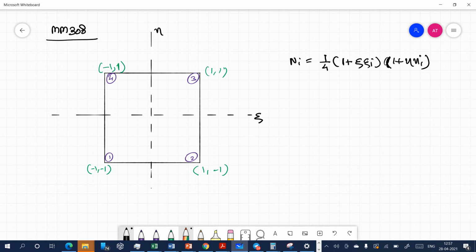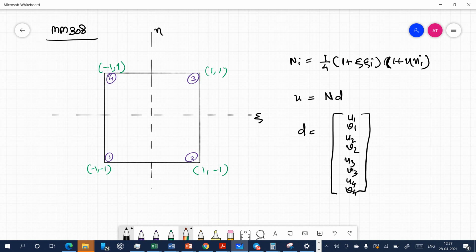Okay, we have our shape functions, and then we can define our displacement as N into D matrix, where D is the nodal values of the displacement. So what is D? D is simply u1 v1, u2 v2, u3 v3, u4 v4.